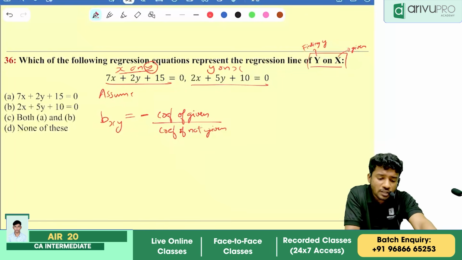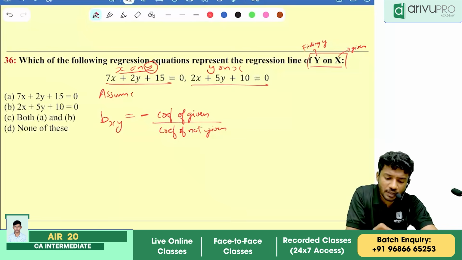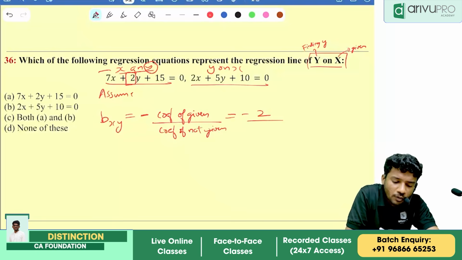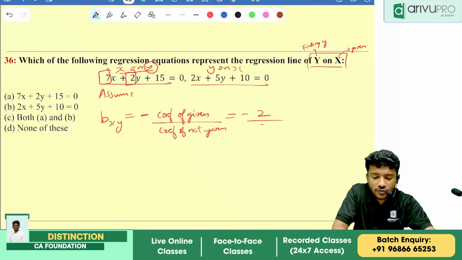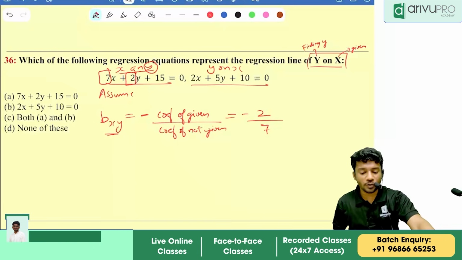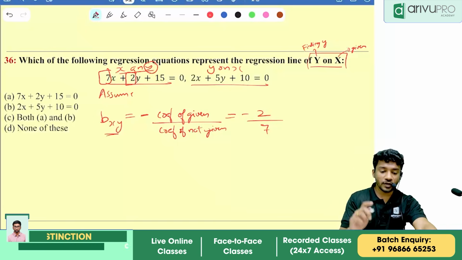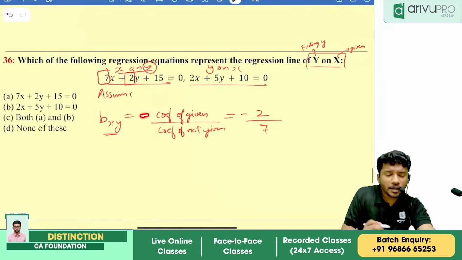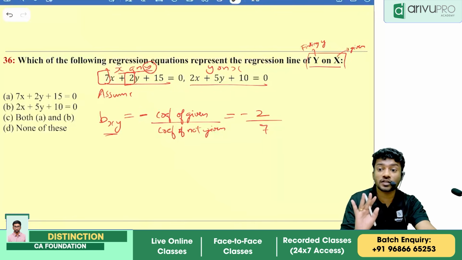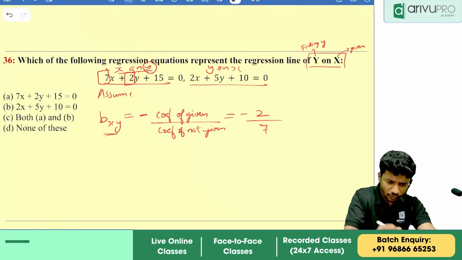X on y. What is given? Y is given. That means what is the coefficient of y? 2. That is minus 2 divided by, what is the coefficient of x? 7. So the regression coefficient bxy is equal to what? Minus 2 by 7. Then you will ask, sir, where did the minus come from? Minus should be there all the time. You should start the question with what? Minus.